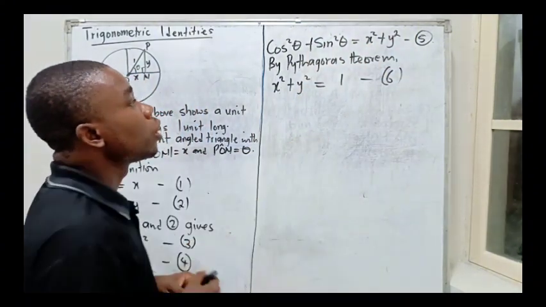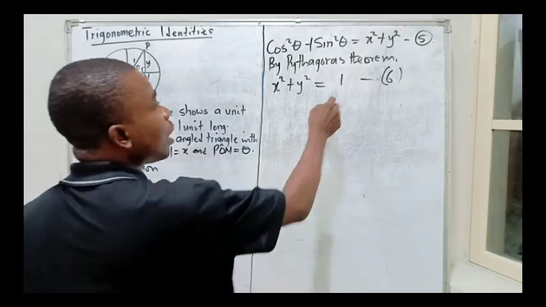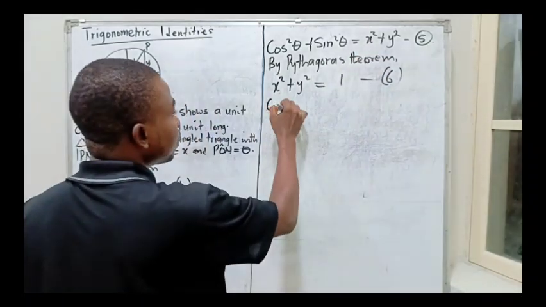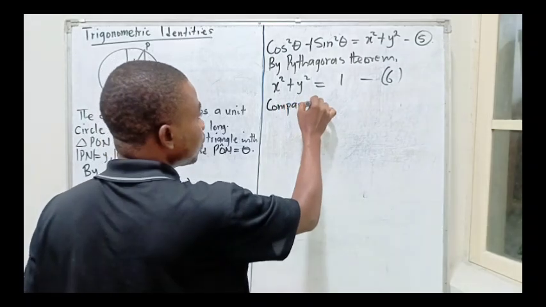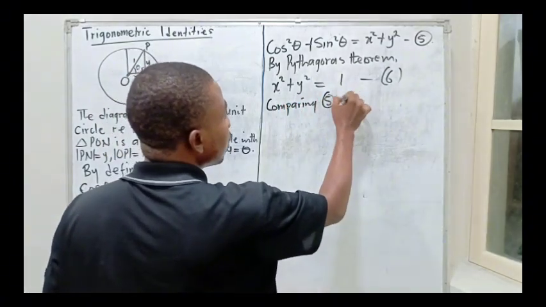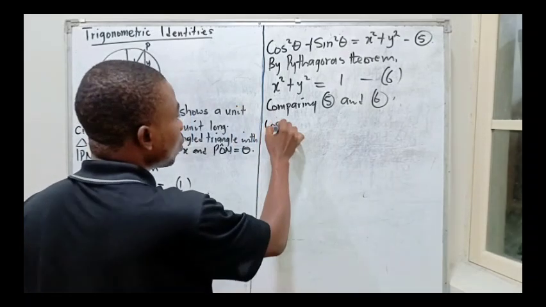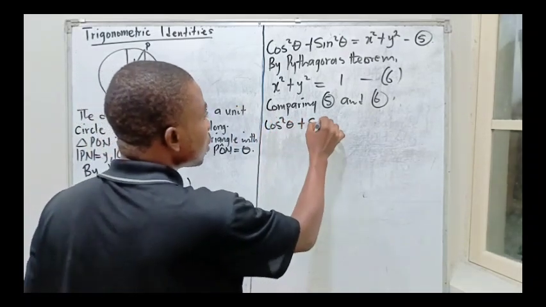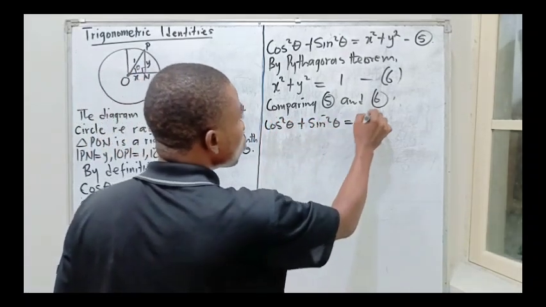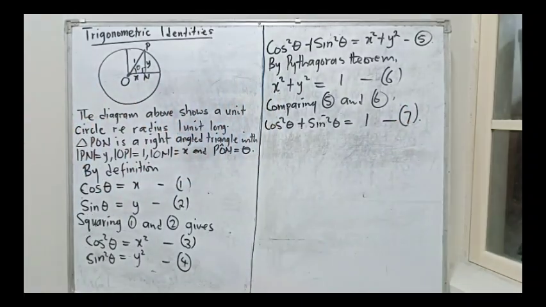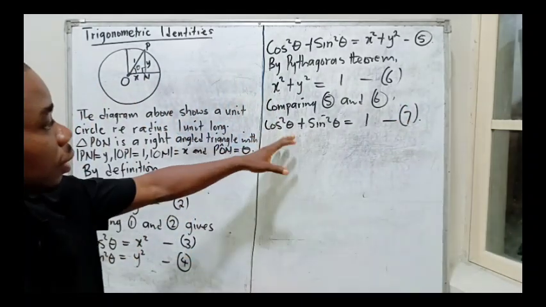So we can equate both, and comparing 5 and 6, we have cos squared theta plus sin squared theta is equal to 1. That is the first identity, that's equation 7. Now that we have gotten equation 7, how do we get the other identities?